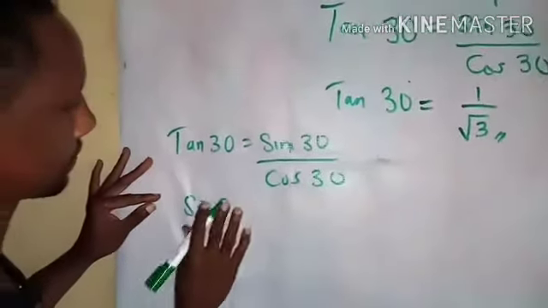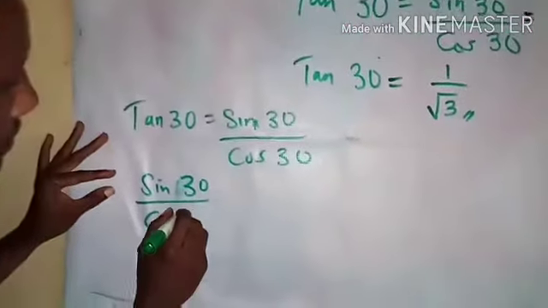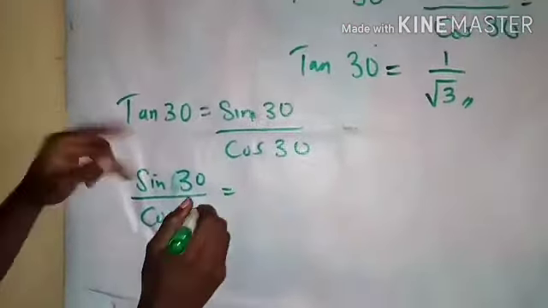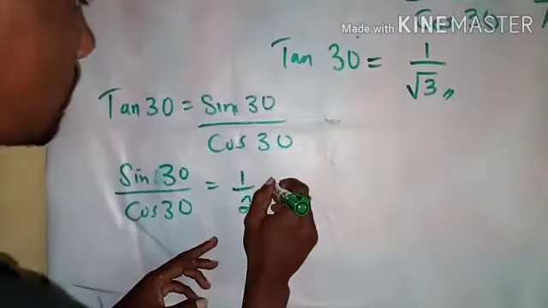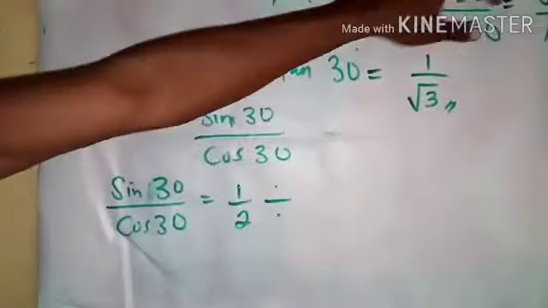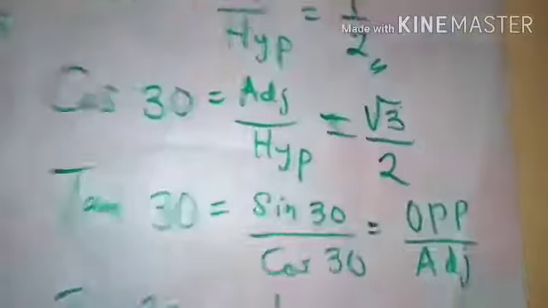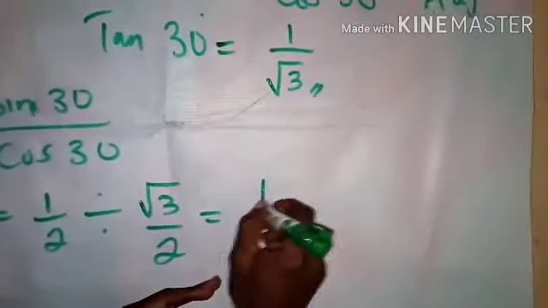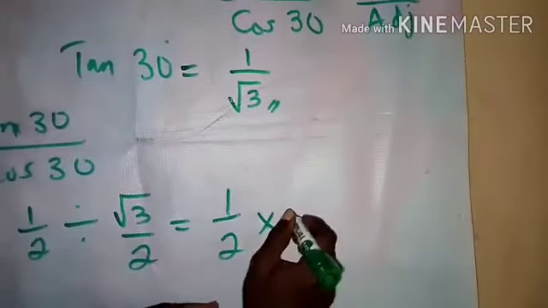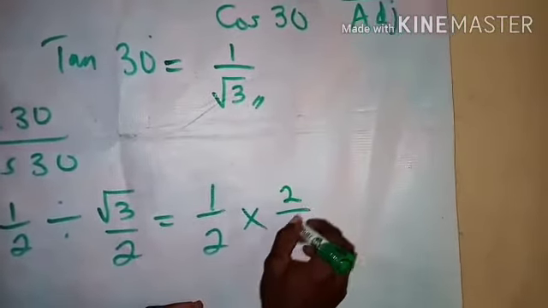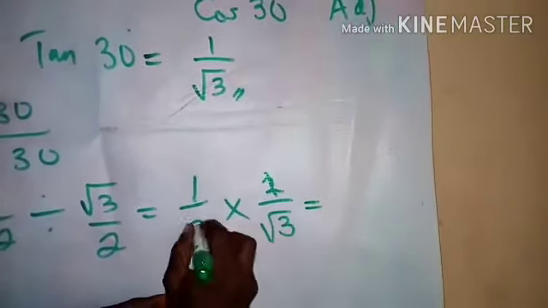Sin 30 over cos 30. Sin 30 is 1 over 2 divided by cos 30, which is √3 over 2. So in maths, the inverse of √3 over 2 will be what? 2 over √3. 2 here 1, 2 here 1.